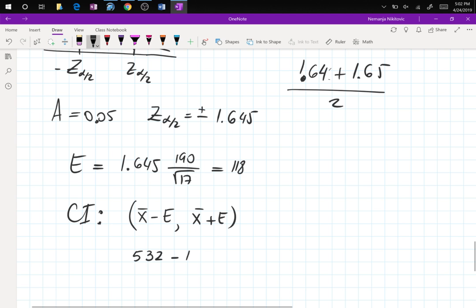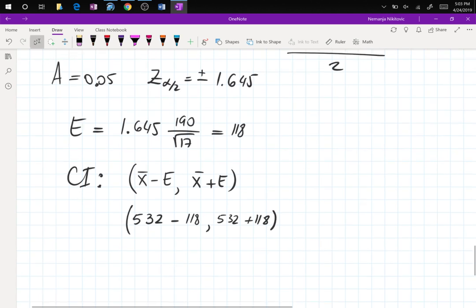And then we are subtracting 118, because this E is that entire formula that you used to have to compute on the side, right? So this is the smaller value, and then 532 plus 118 for the other side.